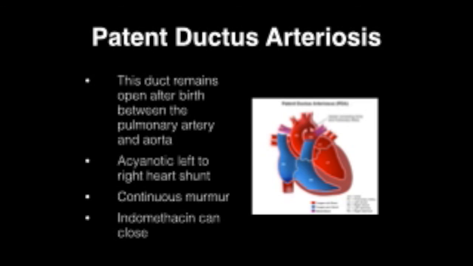If you think of prostaglandins as potent vasodilators, and all of a sudden we're inhibiting that, indomethacin is helping with vasoconstriction, and sometimes we'll be successful in closing these PDAs with just some indomethacin.